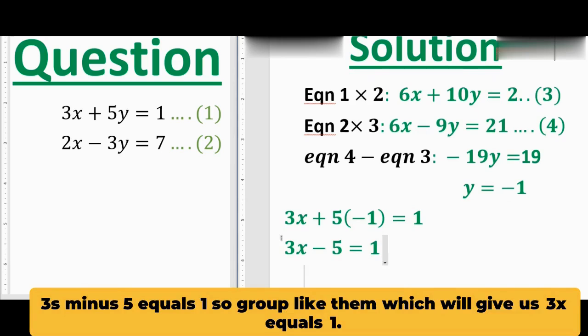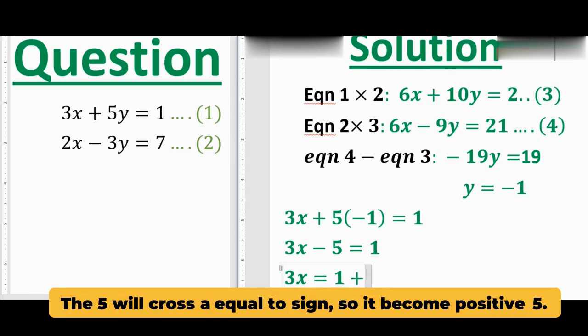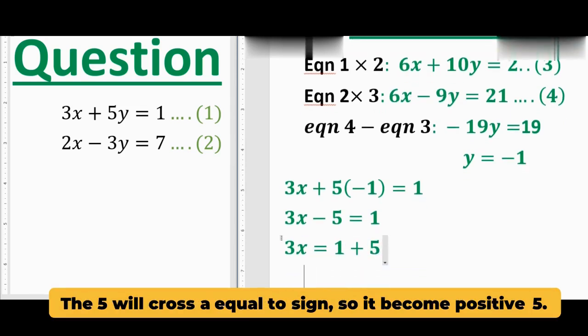So we'll group like terms, which will give us 3x equals 1. The 5 will cross the equal to sign, so it becomes positive 5.